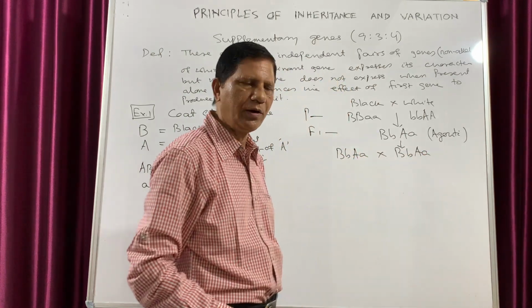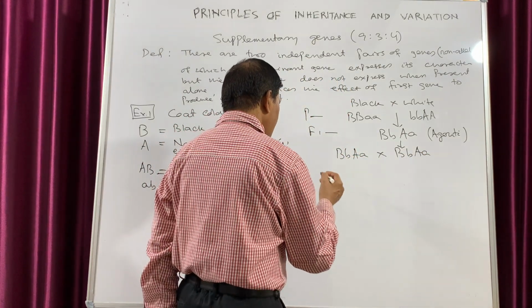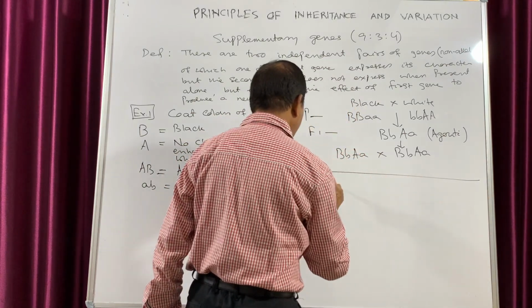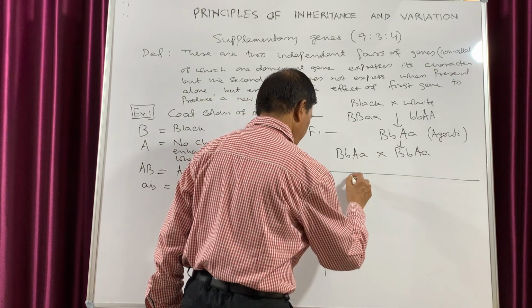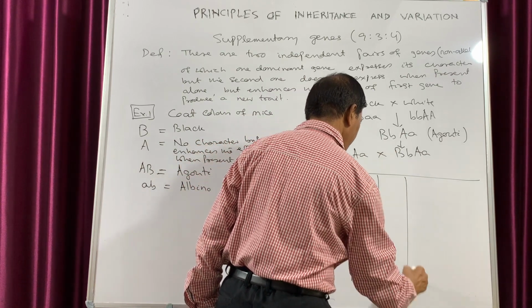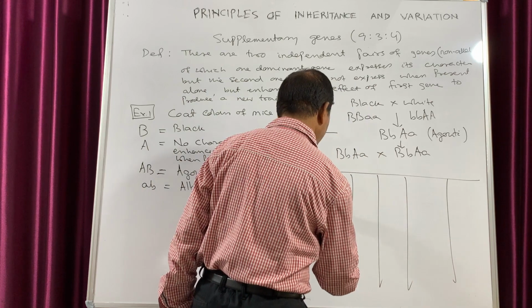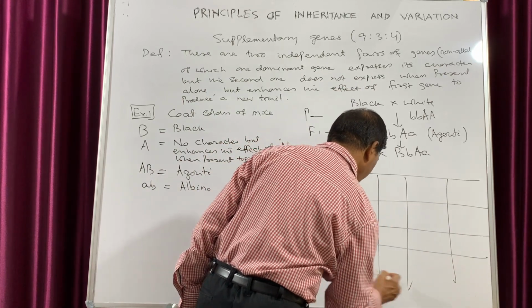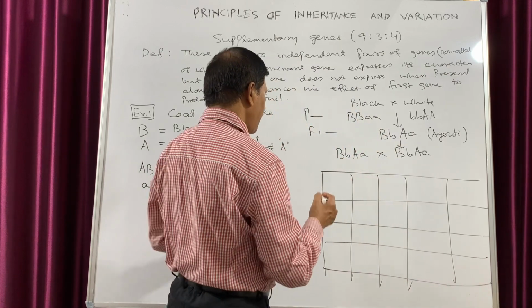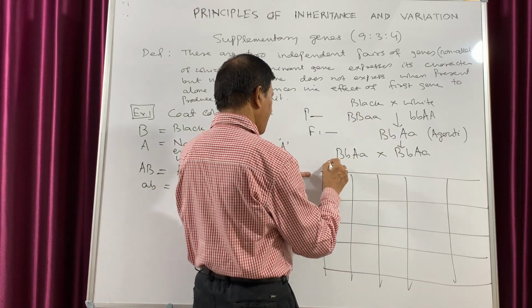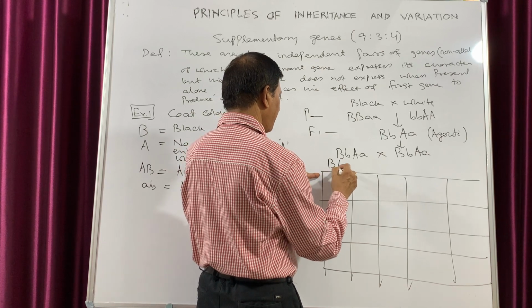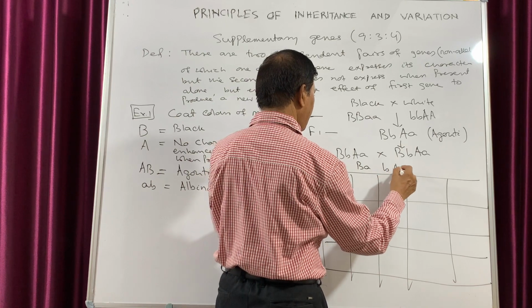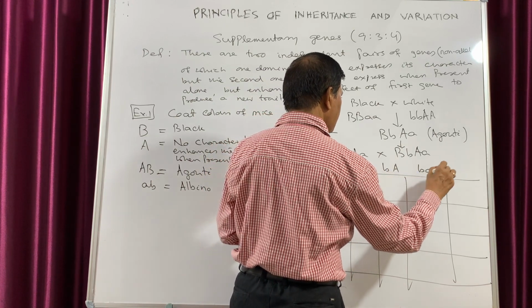When selfing is done, the genes which will be produced, if we draw the Punnett square, will be capital B, capital A, capital B, small a, small b, capital A, and small b, small a.